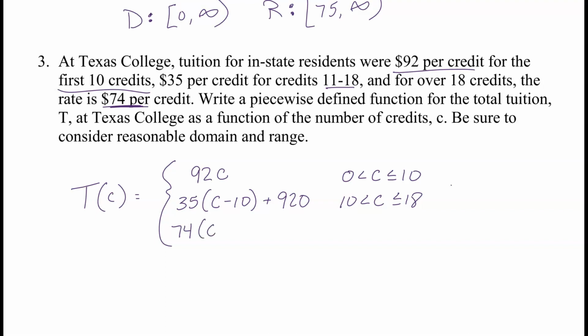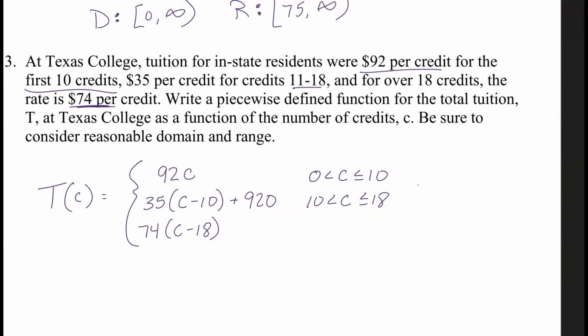So I need to subtract 18 from my number of credits. So say I was taking 20 credits. It would be 20 minus 18. So I'm only applying 74 for those 2 credits. But then I still need to include the previous 18. So what you do here is you plug in 18 to the previous line.